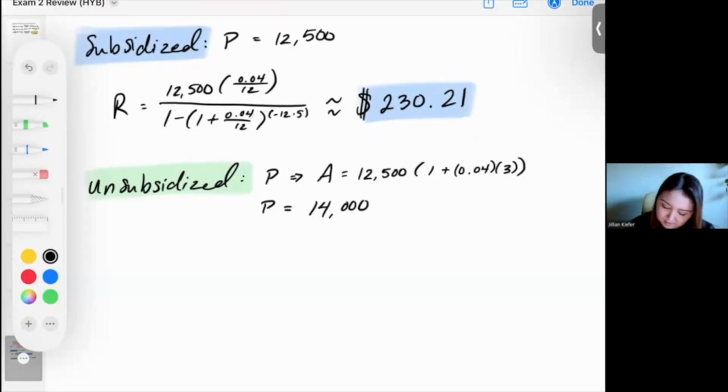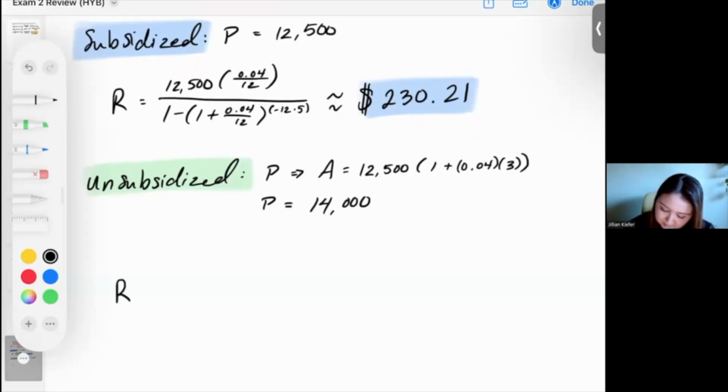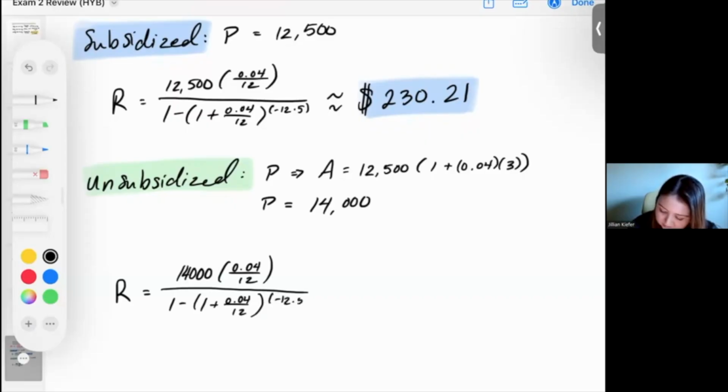So our monthly payment formula for unsubsidized would end up being 14,000 times 0.04 over 12, all divided by 1 minus (1 plus 0.04 over 12), all to the power of negative 12 times 5. And just as before, we're going to go to our calculator to calculate this out together.